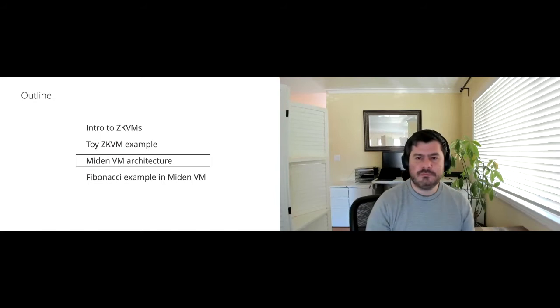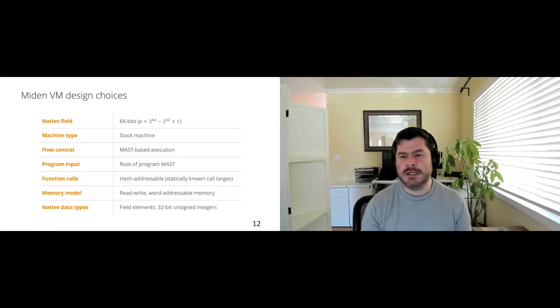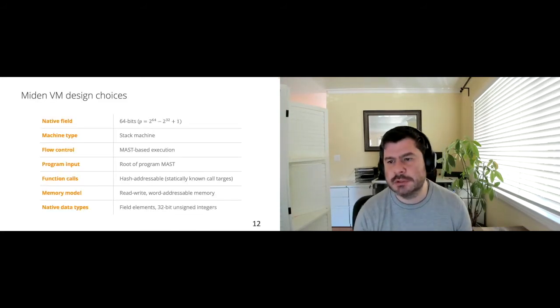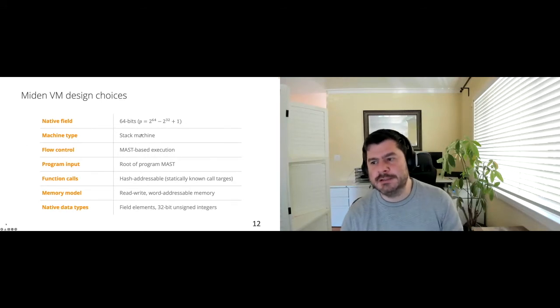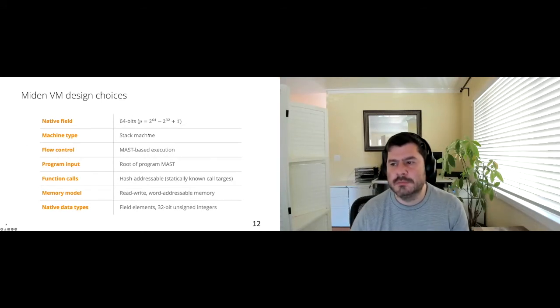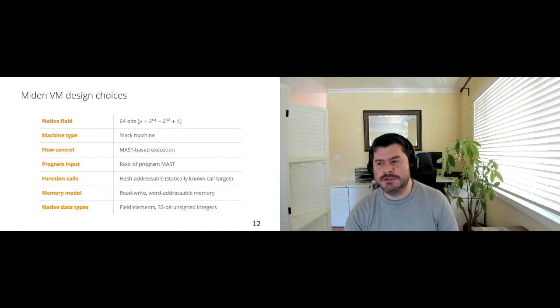So at the high level, going back to those considerations that I listed earlier, we have a few design choices that we made with Miden VM. Specifically, the next version of Miden VM is going to be in this 64-bit field. It's a very performant field. It has a number of attractive properties.